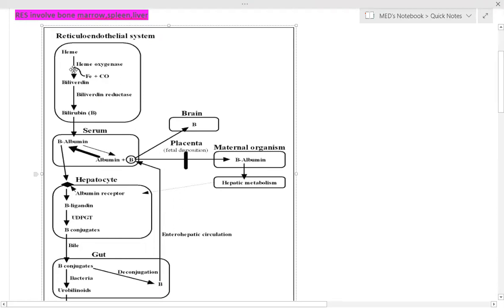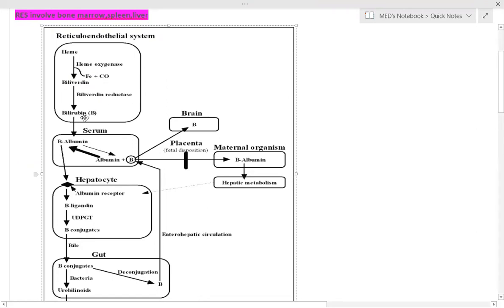The heme, with the enzyme called heme oxygenase, will get transformed to biliverdin. Biliverdin is also a pigment, but we are concerned about bilirubin. So the biliverdin gets converted to bilirubin with the help of an enzyme called biliverdin reductase.